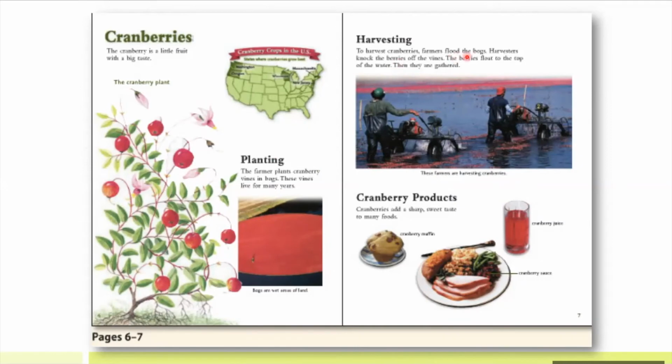To harvest cranberries, farmers flood the bogs. Harvesters knock the berries off the vines. The berries float to the top of the water. Then they are gathered. Cranberry products. Cranberries add a sharp, sweet taste to many foods.